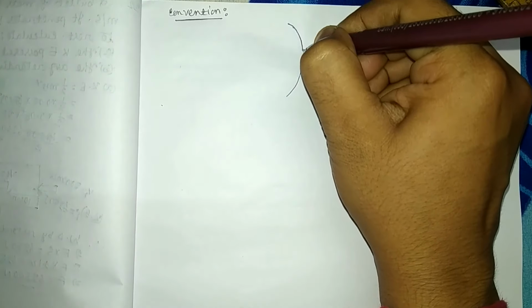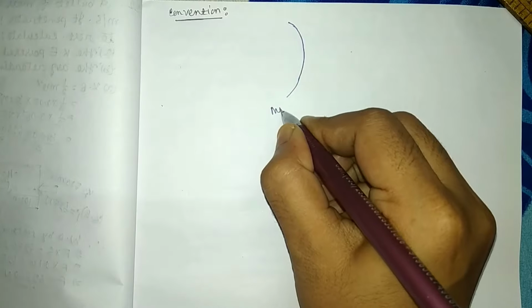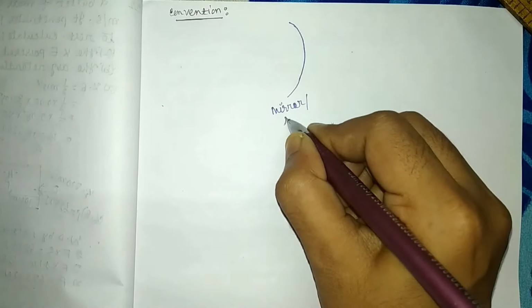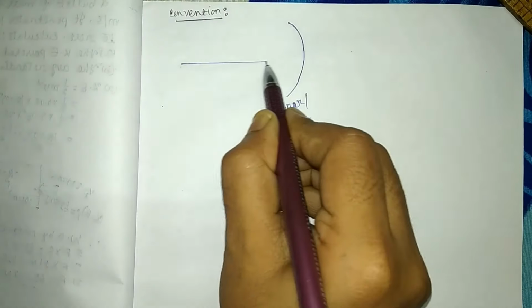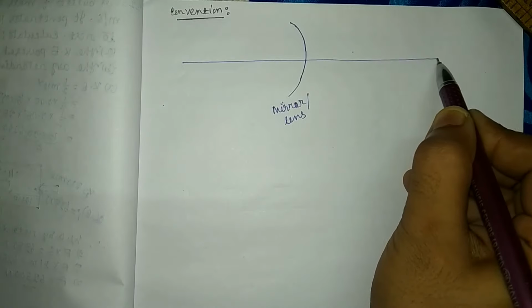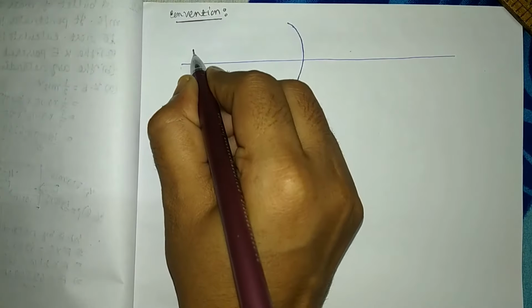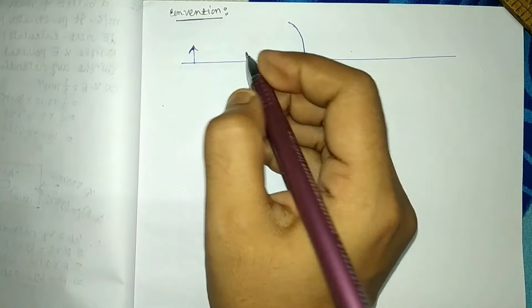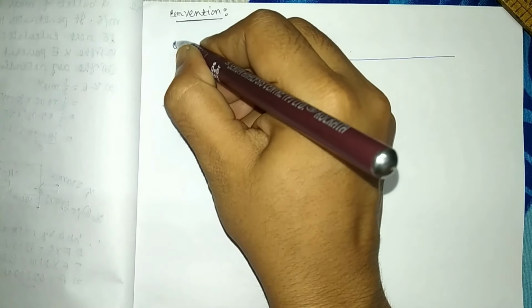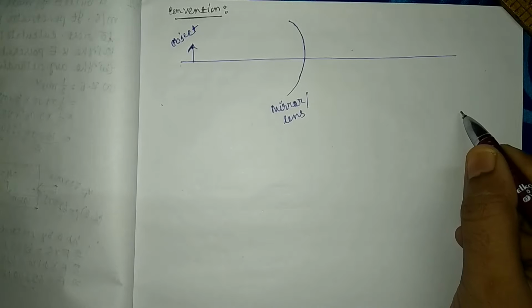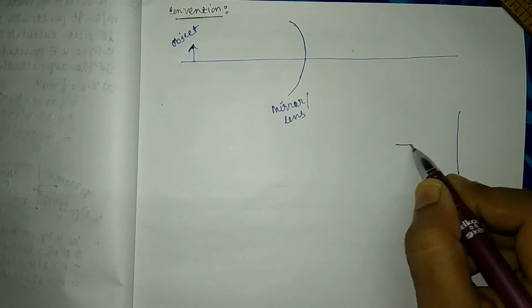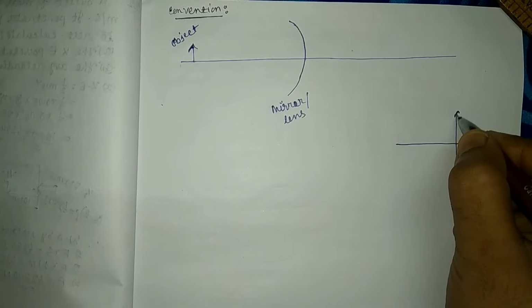Let it is the mirror or lens, and it is the object. This is the convention.